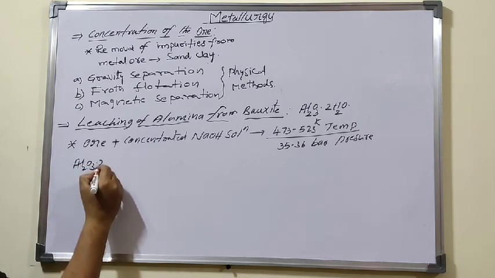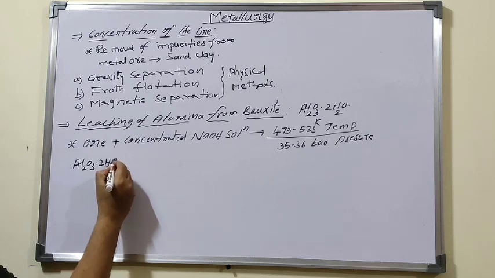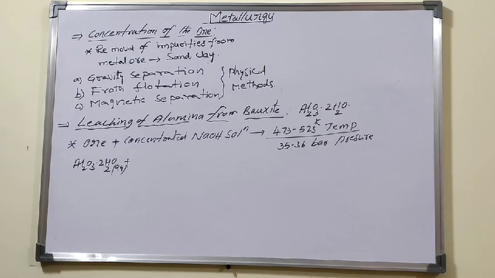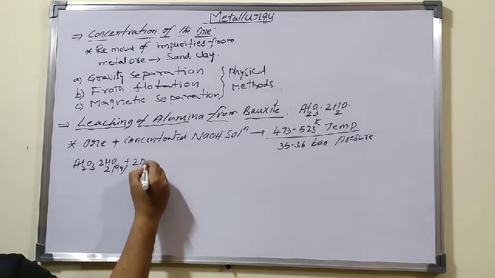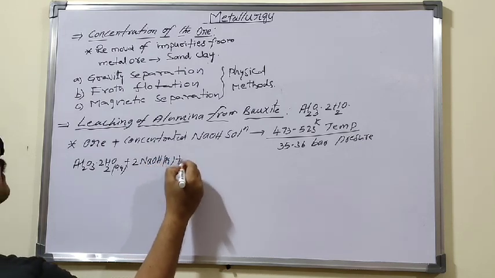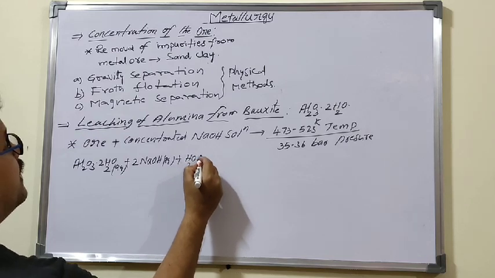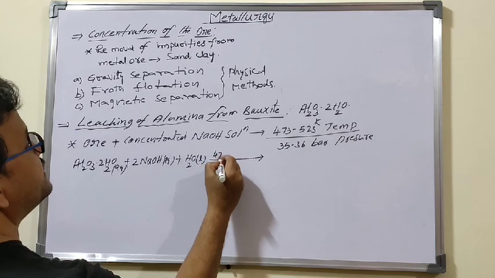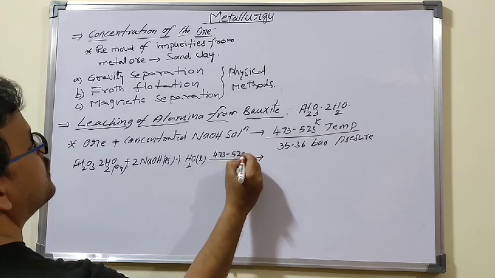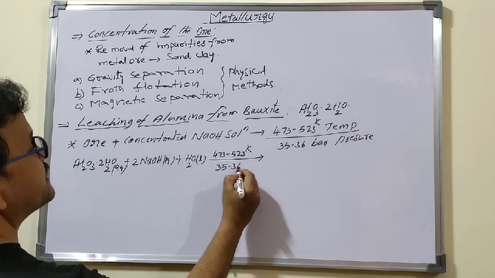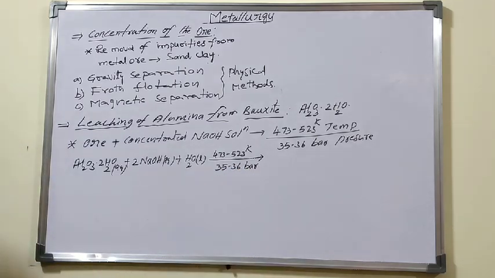Al2O3 2H2O, this is in aqueous position, and we have to add sodium hydroxide, also in aqueous position along with water, and this is in liquid. Condition is 473 to 523 Kelvin temperature, 35 to 36 bar pressure.